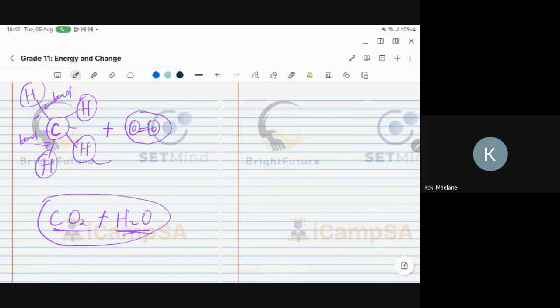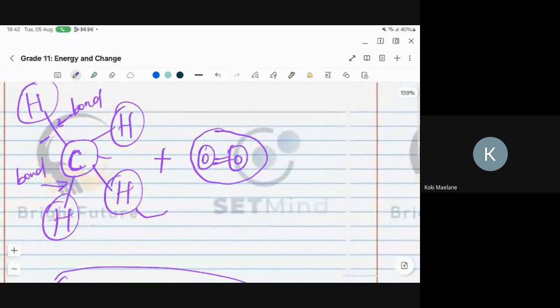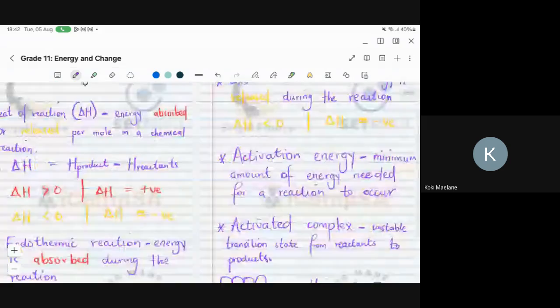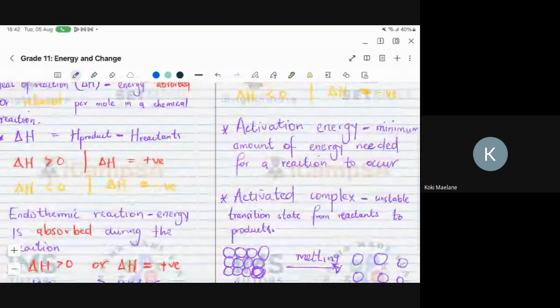But that's not the point I'm trying to make here. The point is, at that point where we are breaking the bonds, where the reaction has reached that part where it's now breaking bonds to form new products, that period in time, the reaction is currently unstable at that point. So that is what is called the activated complex.